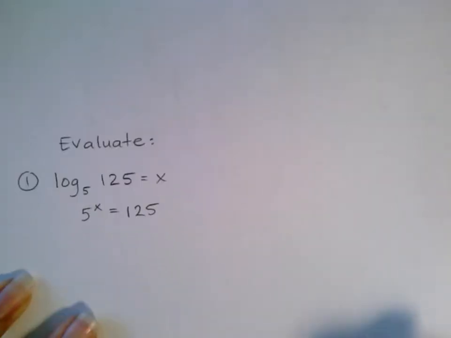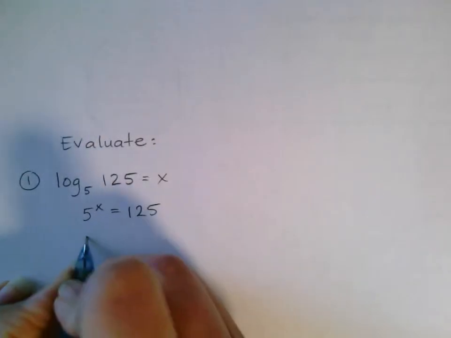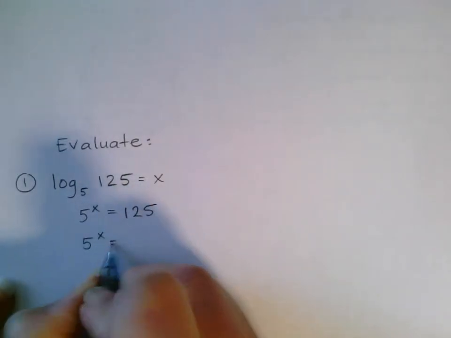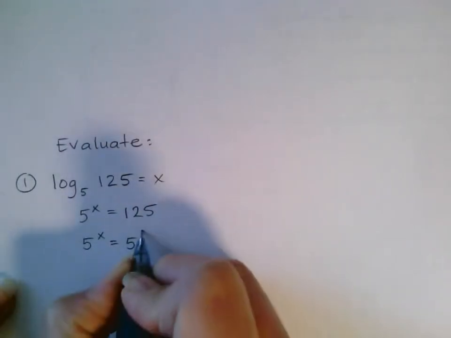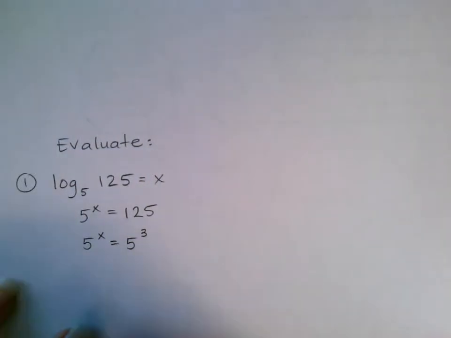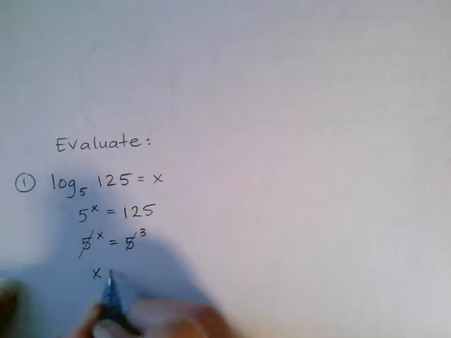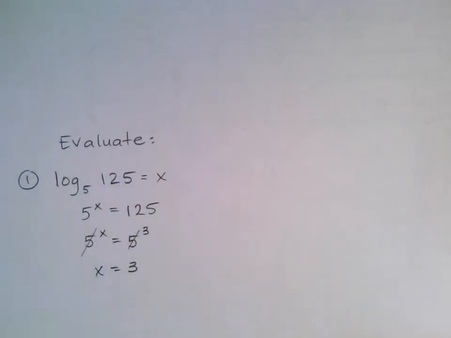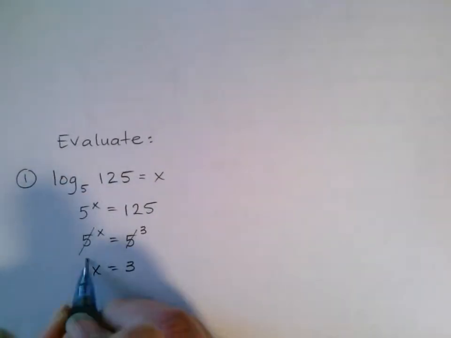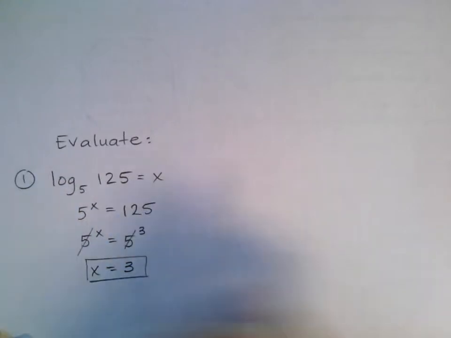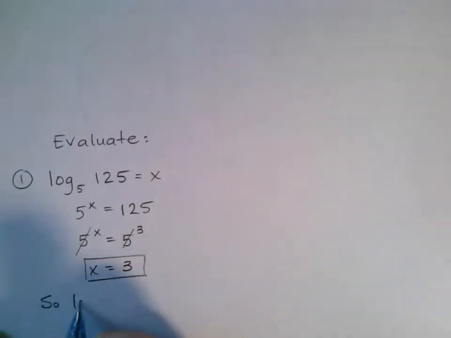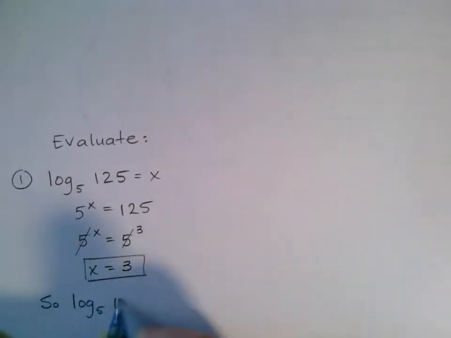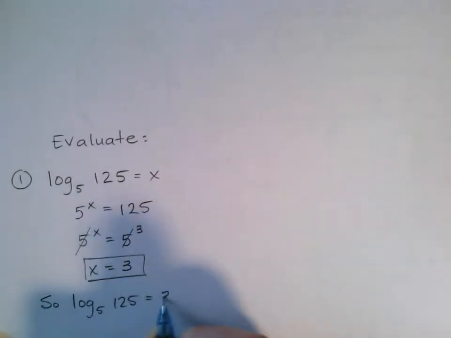Once I rewrote that, I saw that 125 was the same thing as 5 to the 3rd. And because of the one-to-one property, x is the same thing as 3. Okay, so that follows that log base 5 of 125 is equal to 3.